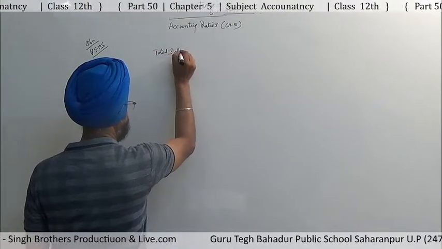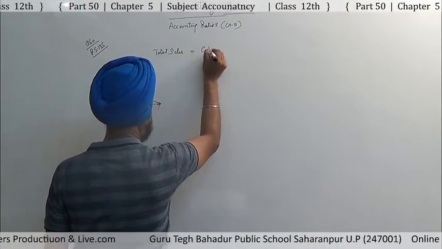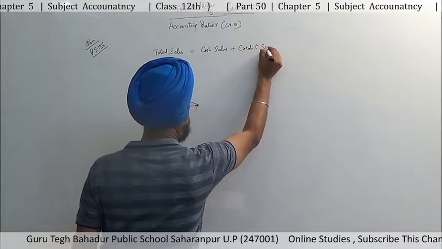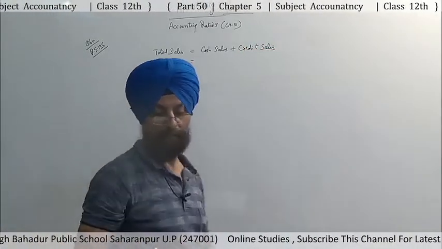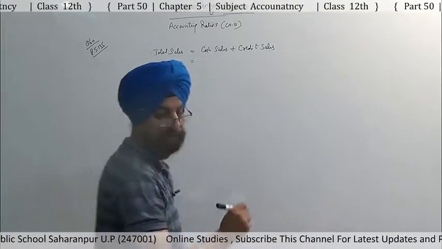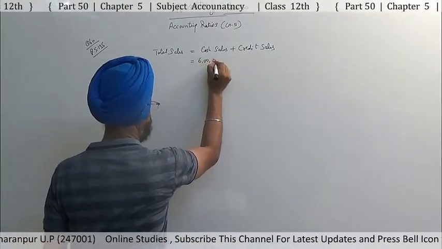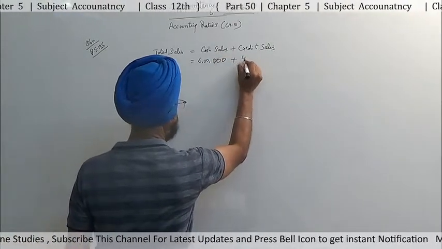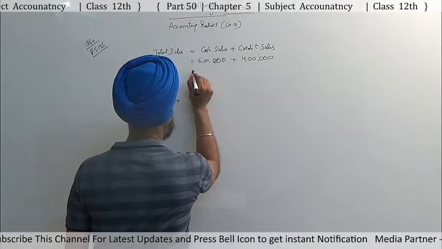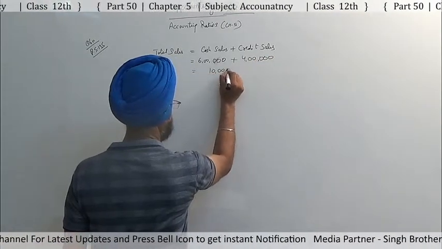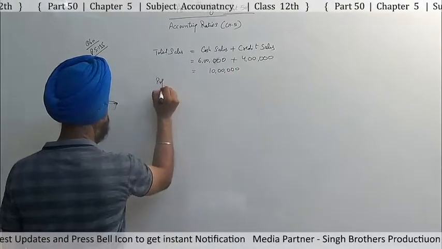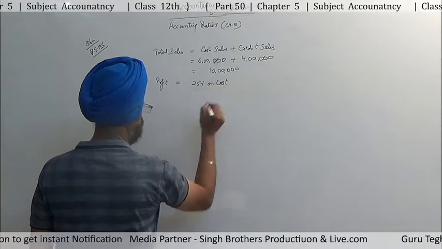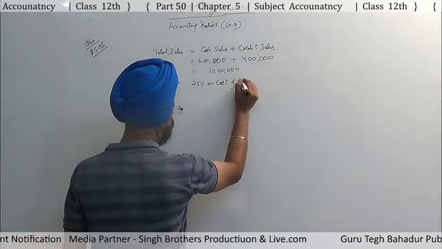Total sales equals to cash sales plus credit sales. Now we have cash sales 6 lakh and credit sales 4 lakh, total sales 10 lakh. Profit is 25% on cost, means cost of revenue from operation.